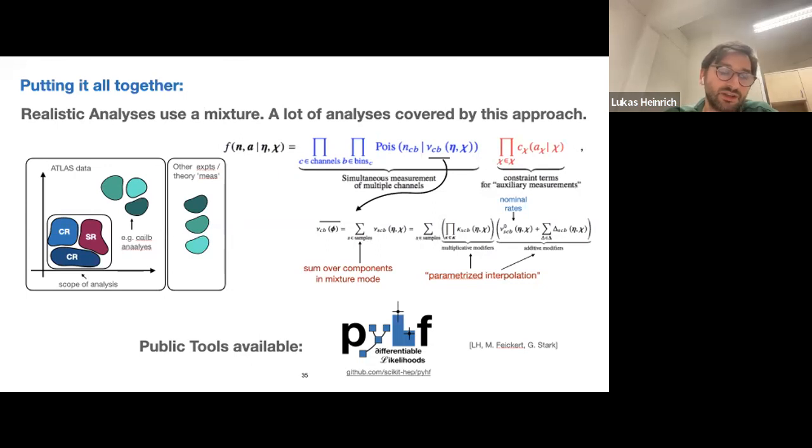And so there's common tooling available, and this is something that I, for example, work on, and people can use all of these different building blocks in order to build up the likelihood that they have. And so this is what underlies, for example, the Higgs discovery as well.